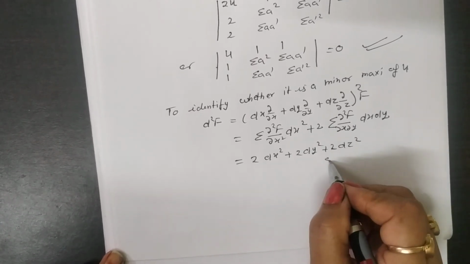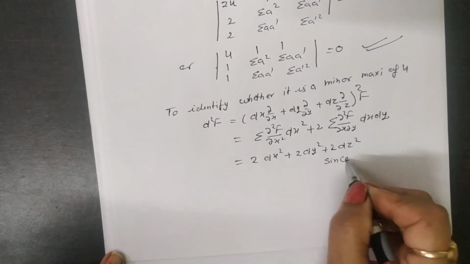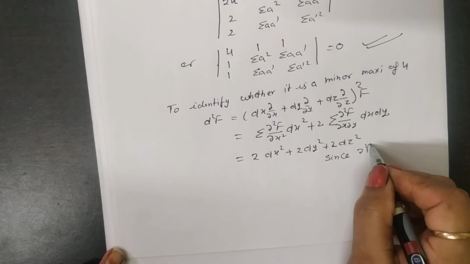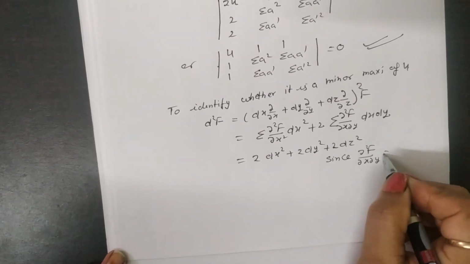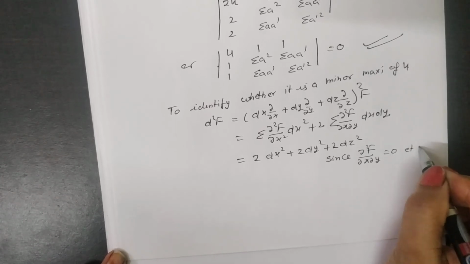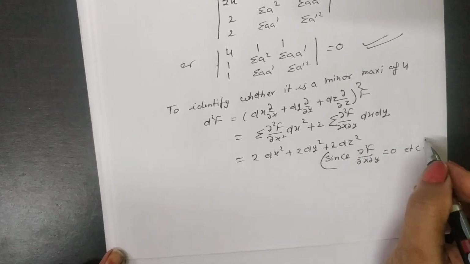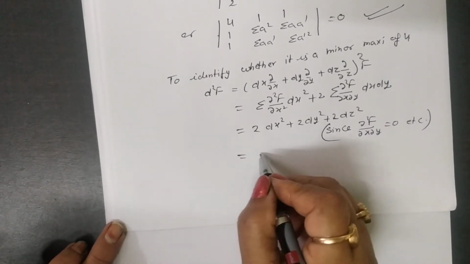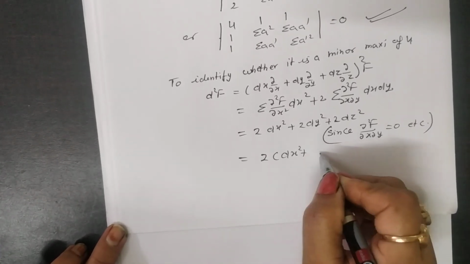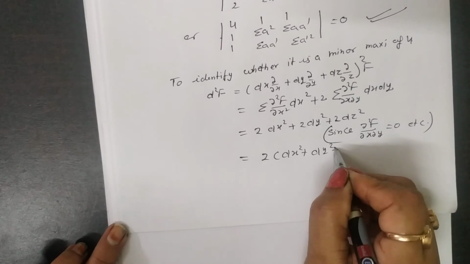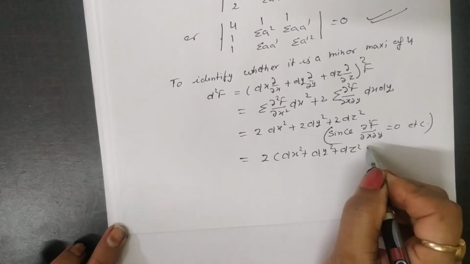Since del 2f by del x del y is equal to 0 etc., this is 2 times (dx square plus dy square plus dz square).